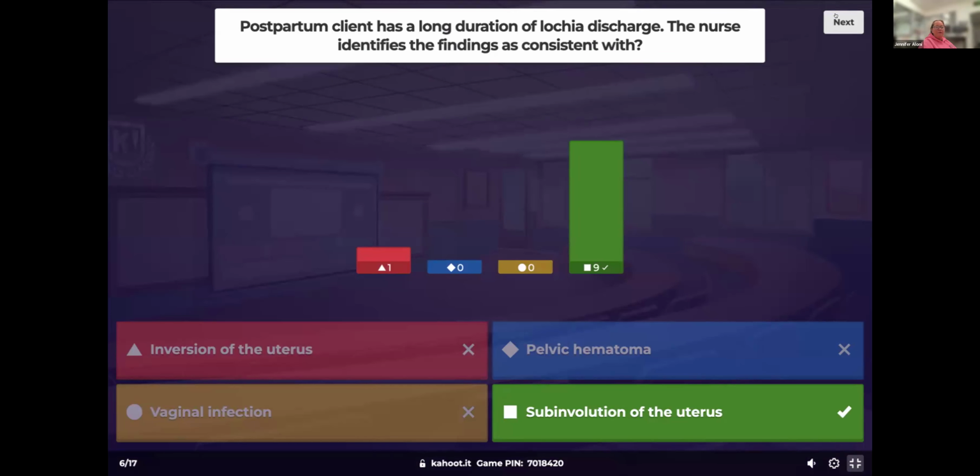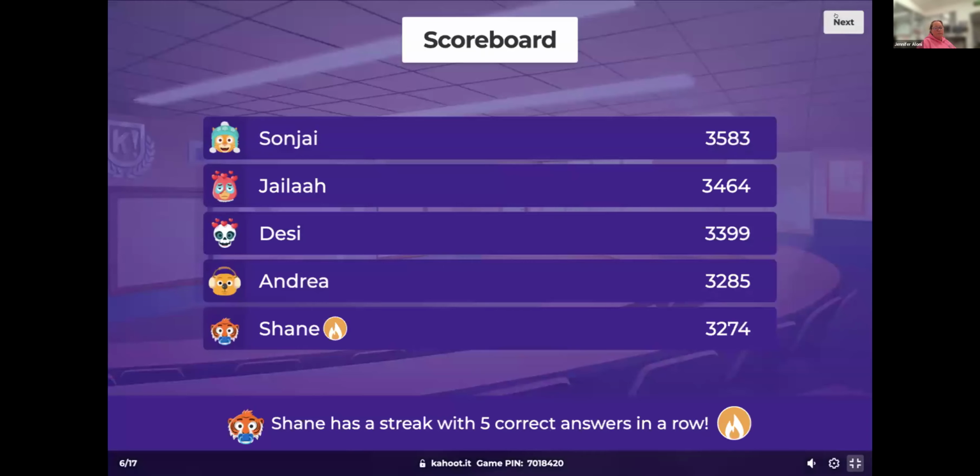Good. And the inversion of the uterus, that would mean the uterus went upside down. Pelvic hematoma, they're going to have one. A hematoma is a big, like, bruise. It's not going to cause bleeding. It's just a big red bump full of fluid. And vaginal infection, that's not going to cause bleeding. It'll cause a fever. It'll cause lots of other things. Okay, go.